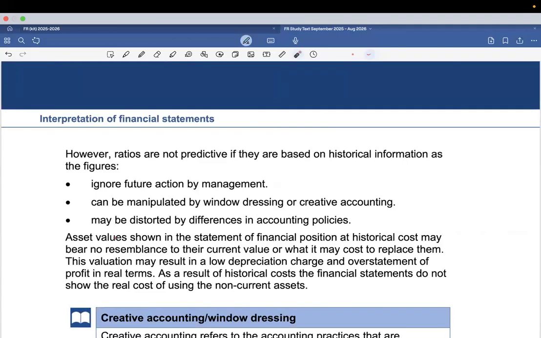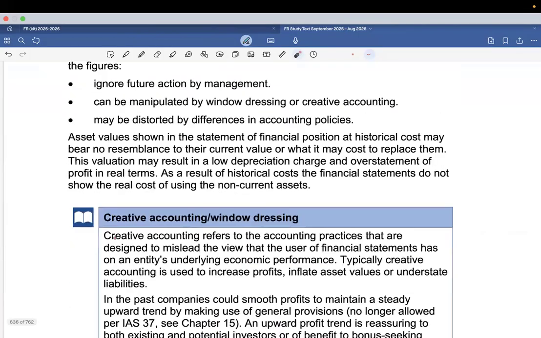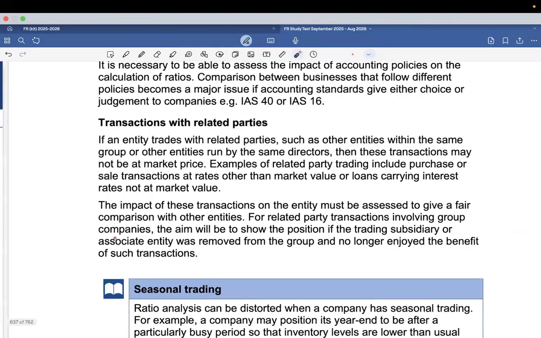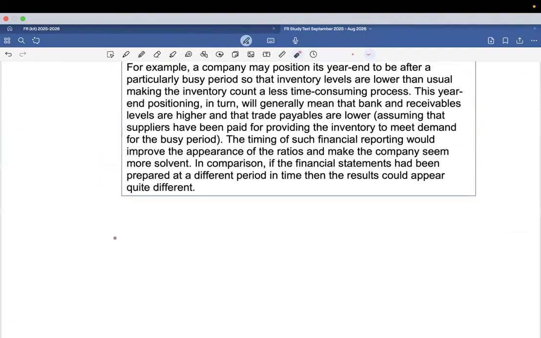But the problem is it is going to ignore what the management do in the future. It is only taking the past accounts, right? And it could be easily manipulated with increases or decreases in the values. Clear? And there could also be distorted differences due to the accounting policies used. That means due to the accounting policy being used, some might be more, some might be less.